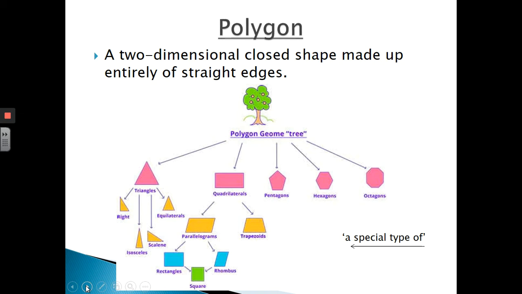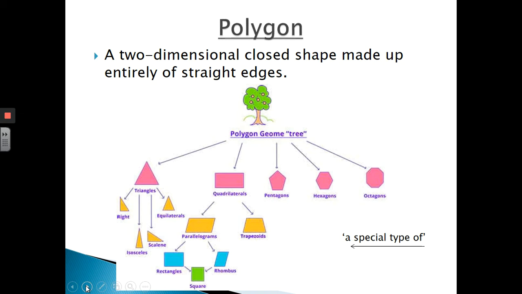If we've got a square at the bottom, which is a special type of rectangle, why do you think it is a special type of rectangle? Because it has 2 pairs of parallel sides. A square is a special type of rhombus. Why? Because it has 4 equal sides.